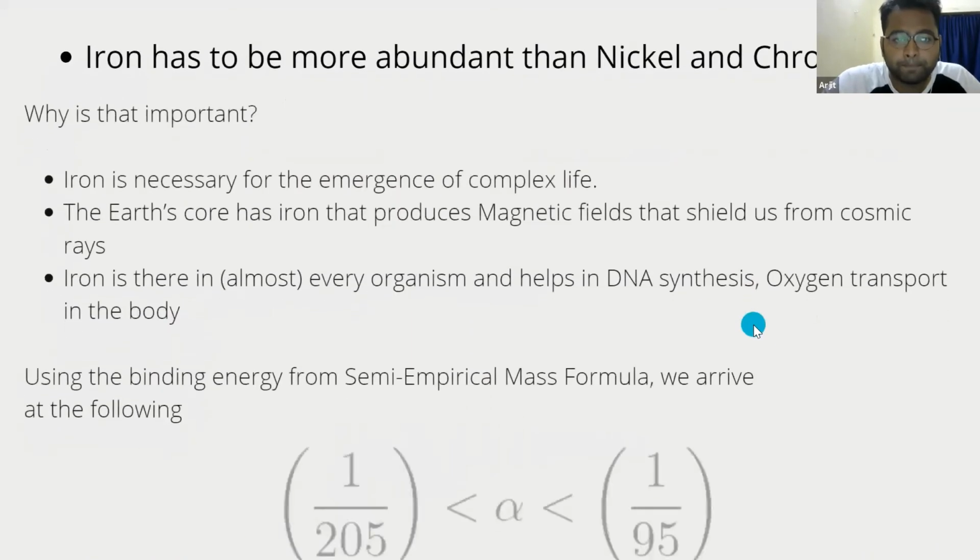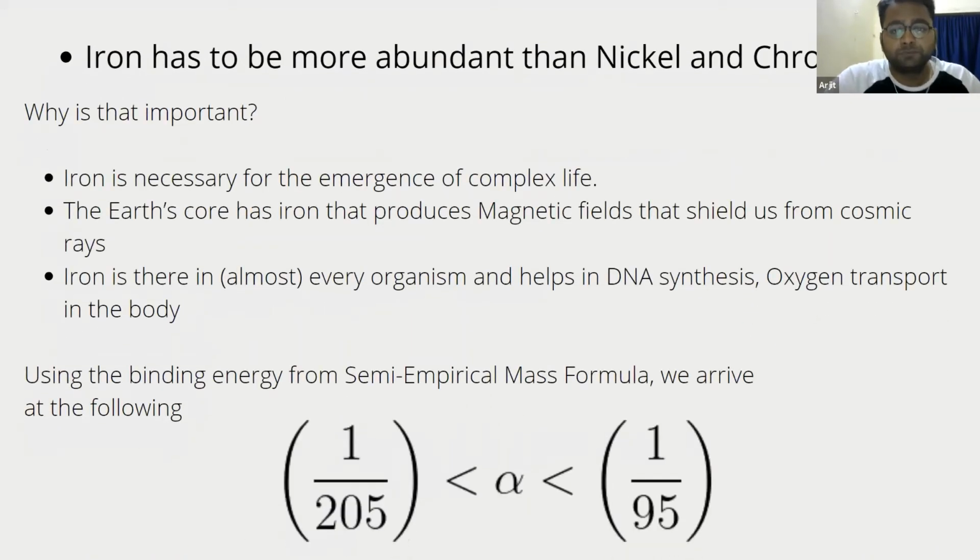Another constraint comes from the fact that iron should be more abundant than nickel and chromium. And we ask the question, why is that so important? Iron is very important for the emergence of complex life forms. Earth's core has iron that possesses a magnetic field that shields us from cosmic rays, and iron is there in almost every organism and helps in DNA synthesis and oxygen transport, as it's present in hemoglobin in our body.